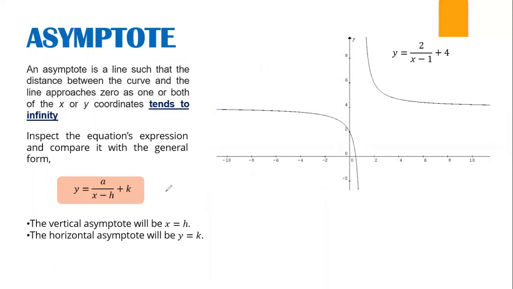The vertical asymptote will be x equals h. We get this from the function. Let x minus h equal 0, so x equals h. So we call this the vertical asymptote.